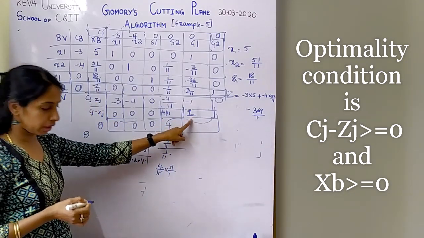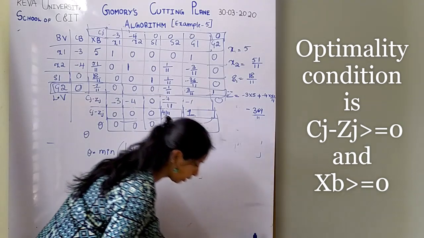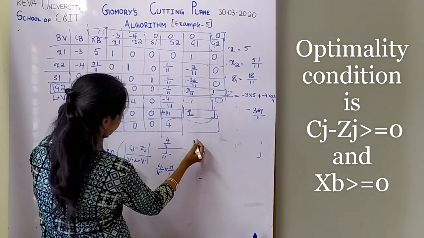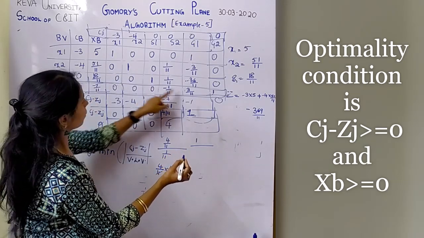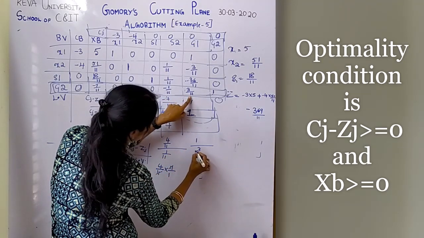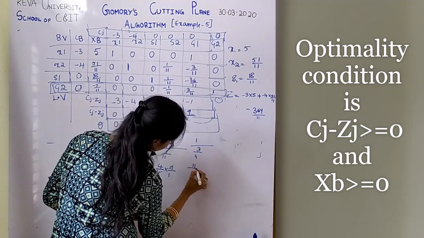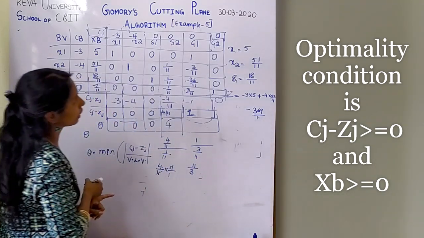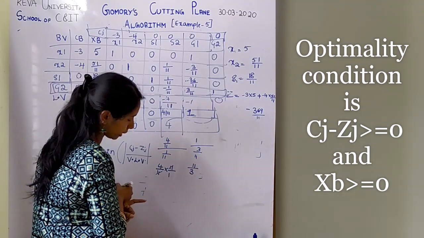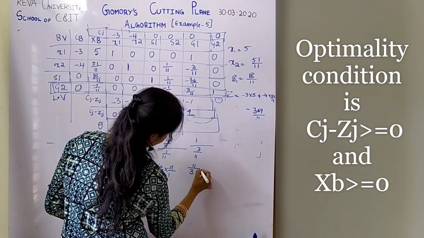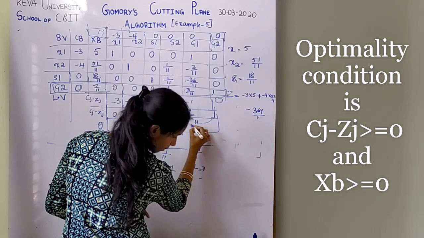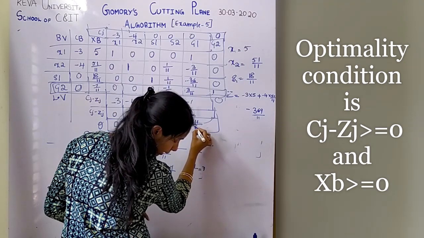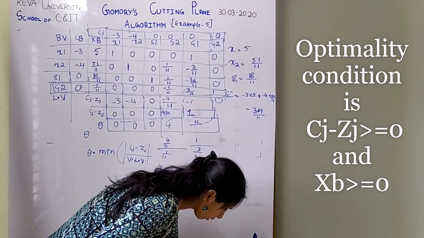And how will you write this one? This becomes 1 divided by the value in this, which will be 3 by 11. So you will get 11 by 3. Maybe I have missed something somewhere.